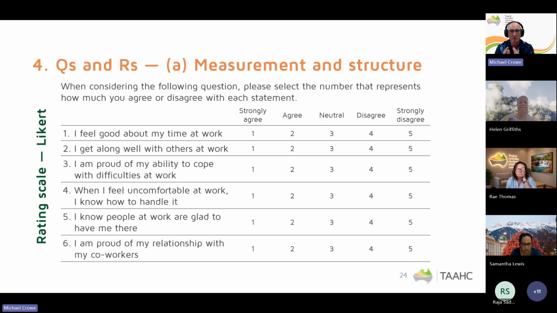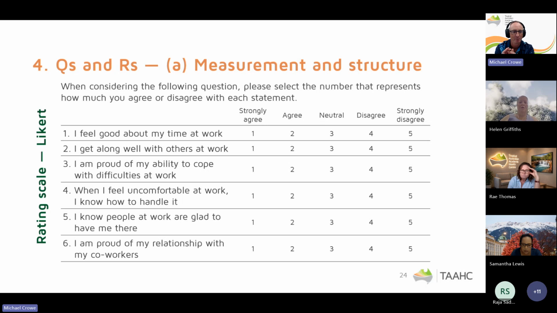All the questions have to be related to each other, because the good thing about a Likert scale is that you can add up all the answers and get a score for all of those questions that were asked. And that gives you far more discrimination in what people think than a simple 1 to 5 or whatever.